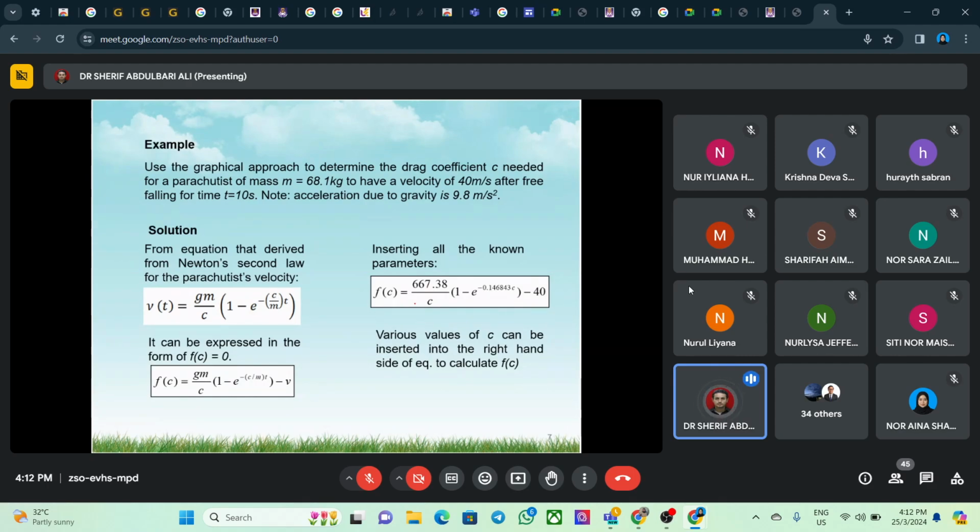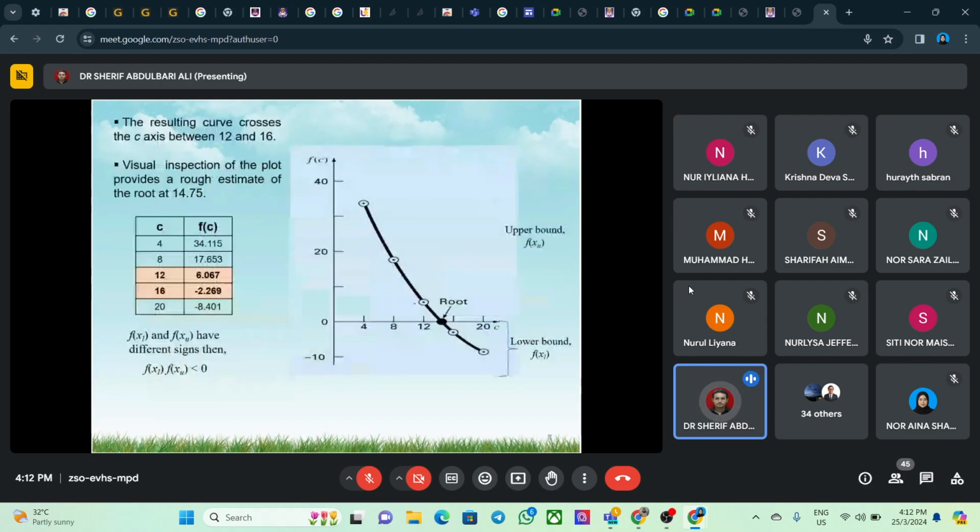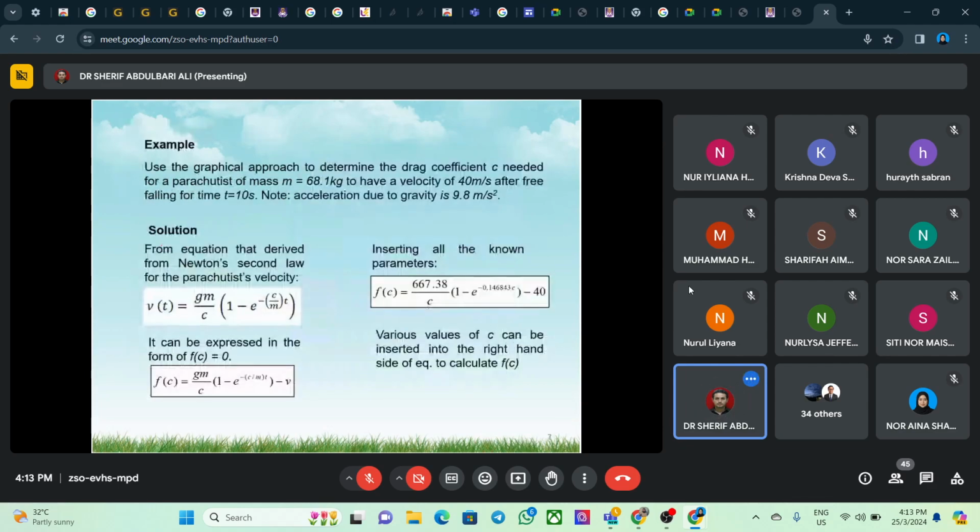Of course, we don't know at the beginning what value will make our function equal to 0. So let's say we are going to start from 0, 2, 4, 6, 8, 12, 16, 14 till 20. Then we are going to plot the values. So when C is equal to 4, you put the value of C here.